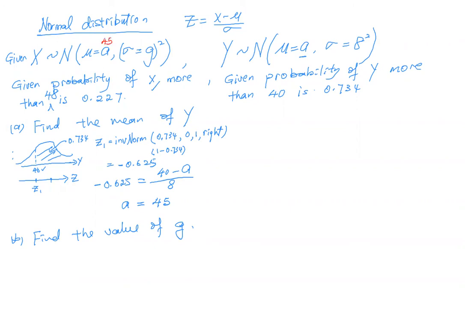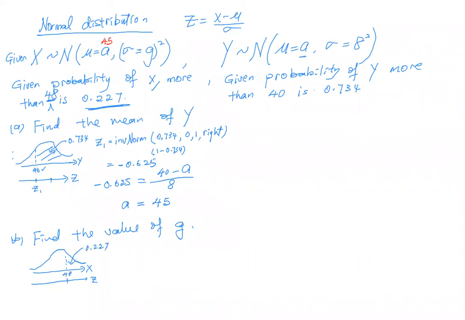Okay, so do the same thing. Use the information from the X distribution. They say more than 48 is 0.227 probability. So this area is 0.227 and here is 48.